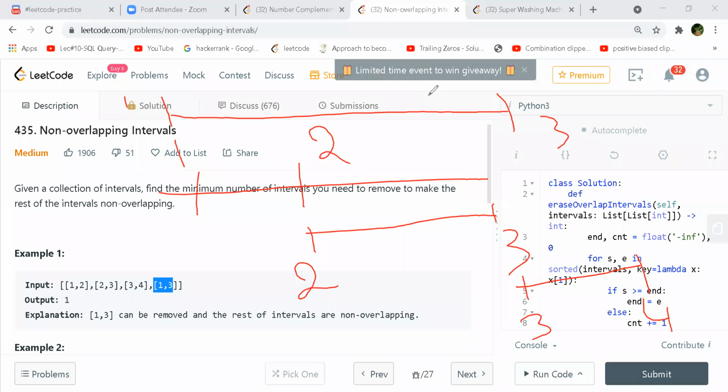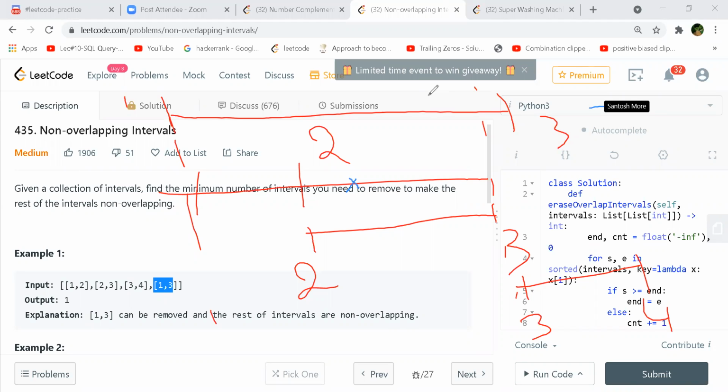So these entire intervals till this point, we have to remove. If we just remove 1, 3, then there is nothing overlapping, correct? Yeah, there is nothing. So this is one answer.